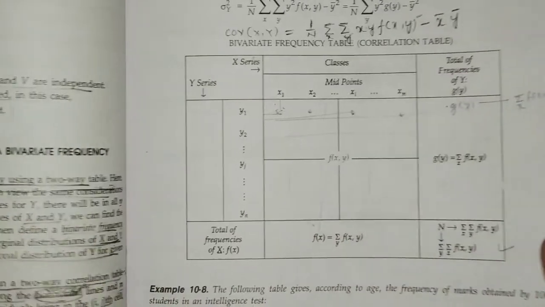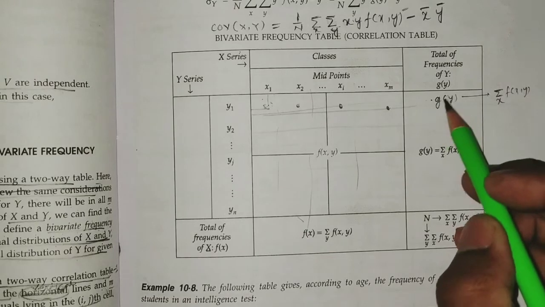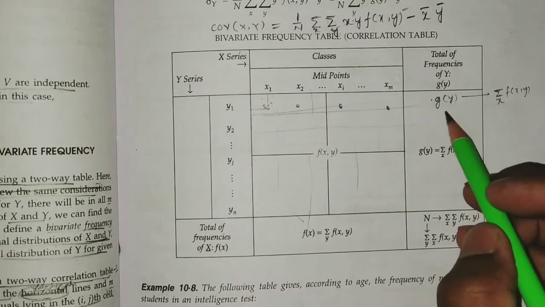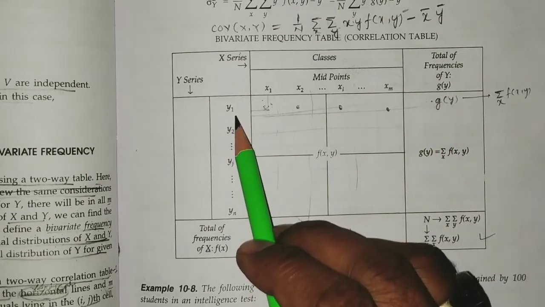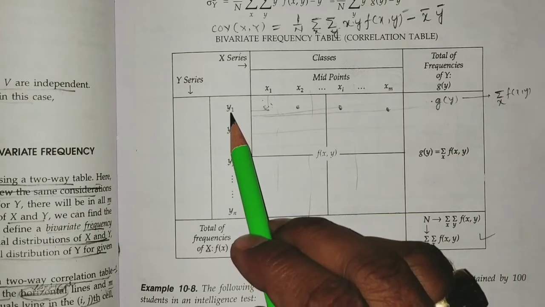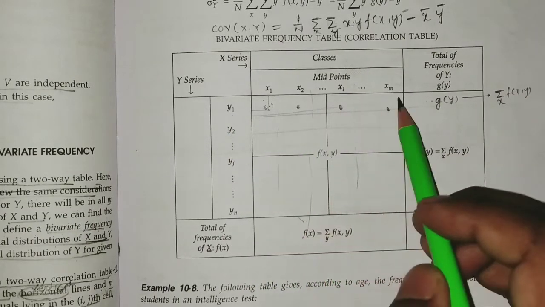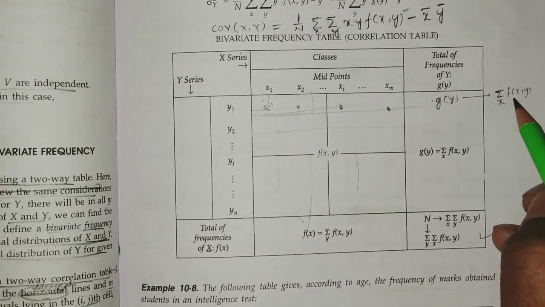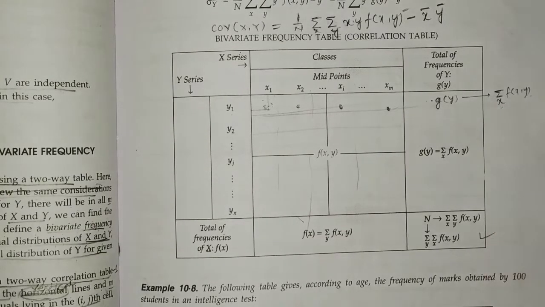So gy is nothing but the marginal distribution of y, because for y1 we have to consider x values 1 2 3 up to m. That is the summation over x of f of xy, all the x values considered.